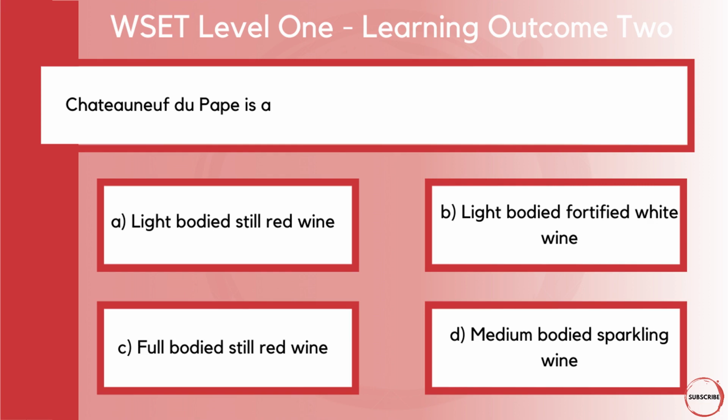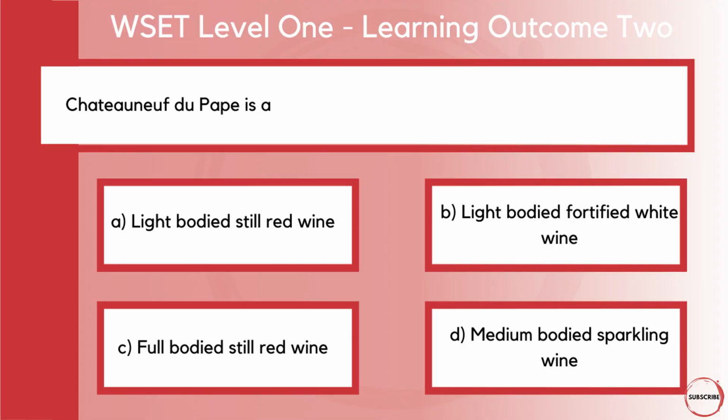Or is it a medium-bodied sparkling wine? Again, through your coursework, this is where you'll start to learn about the styles, some of the characteristics of that particular wine, what flavours and aromas you might expect. Here we're talking about Châteauneuf-du-Pape, a wine from the Southern Rhône in France. They produce full-bodied still red wines.